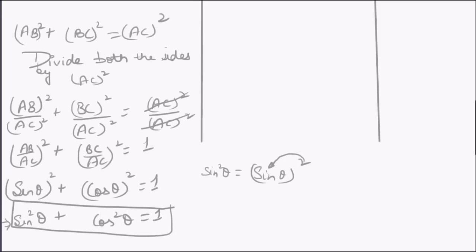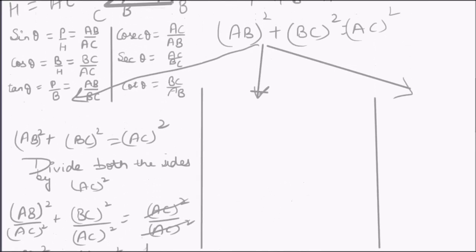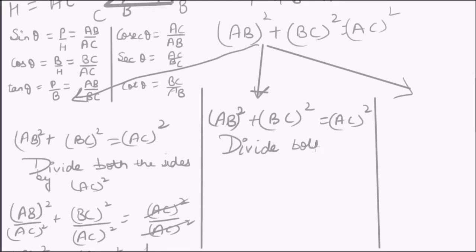Friends, this is the first trigonometric identity of our course. Let us again rewrite this Pythagoras theorem applied to this given right angle triangle ABC, right angled at B. Now divide both the sides by, say, BC whole square.